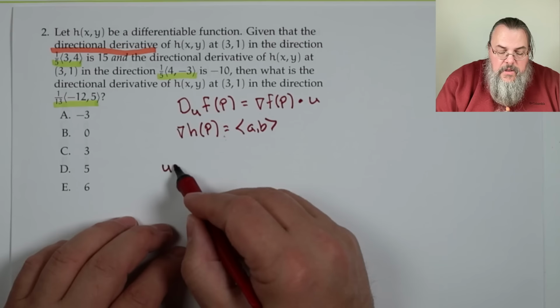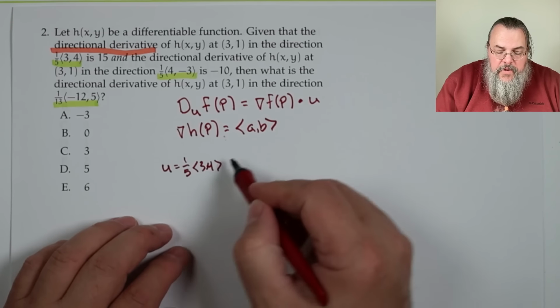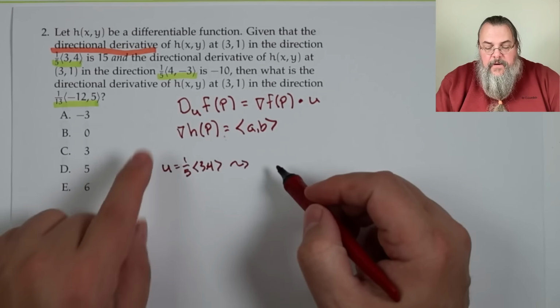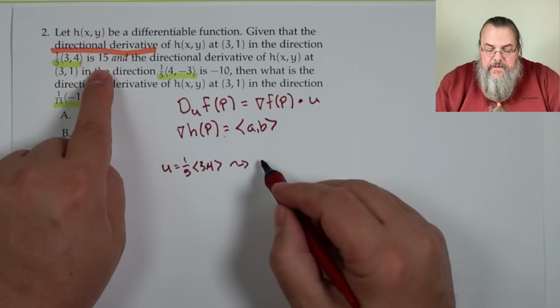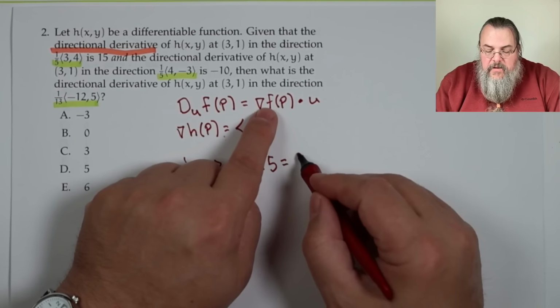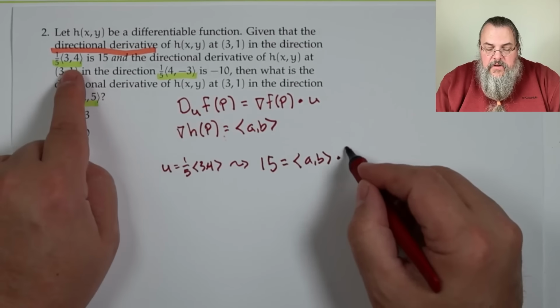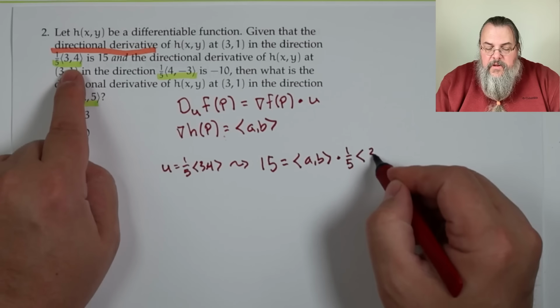When u is 1/5 (3, 4), the directional derivative is 15, so that's equal to the gradient (a, b) dot the direction 1/5 (3, 4).